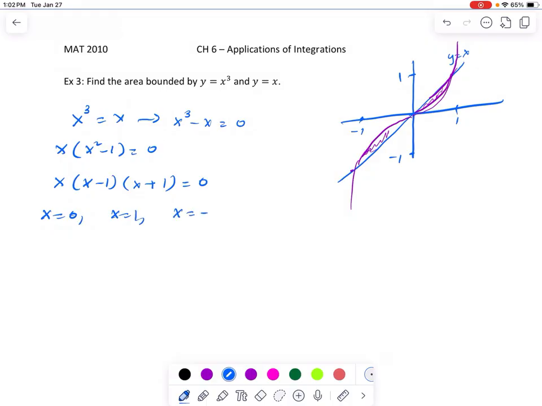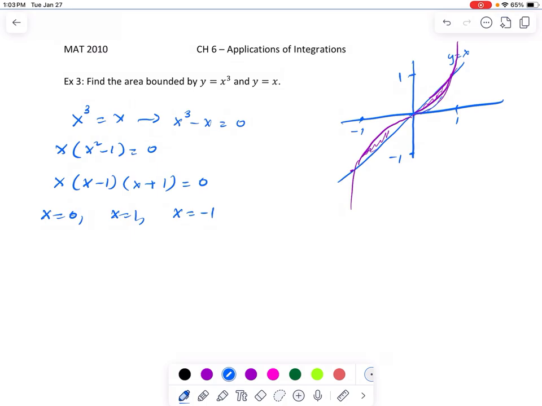So now we have 3 points of intersection. It means there is a change of sign somewhere. Sign of the function will change, and we will get 2 integrals. Now, if you have drawn this function, you don't need to do that table that I showed you earlier.